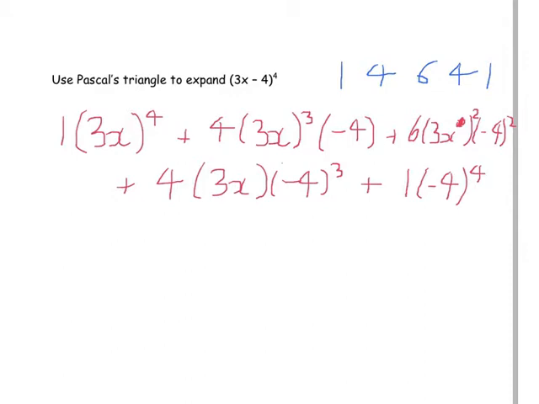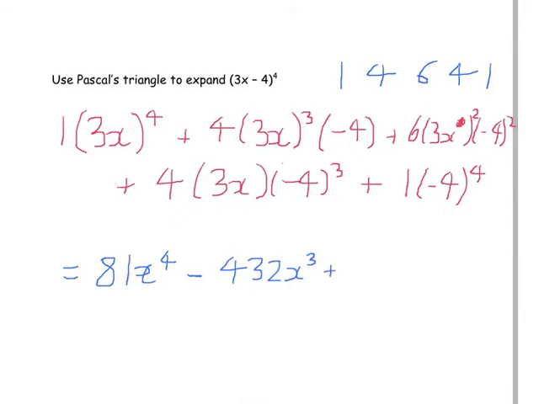Now if you sort out each of these terms, so do 3 to the power of 4, you get 81 times by 1. So that first bit becomes 81x to the power of 4. The second one would be minus 4 times 3 to the power of 3 times 4, which is 432x cubed.